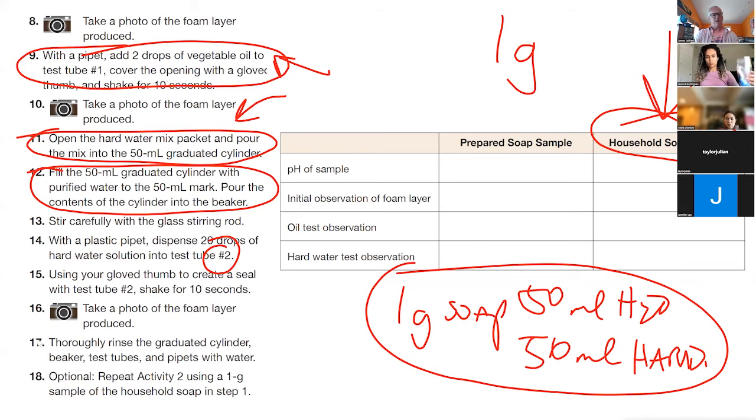Ooh, actually, no. Because you're going to be making your hard water, you're not going to be able to do that. Interesting. Because you only have one hard water mixture packet. I don't know how you're supposed to do both of these.